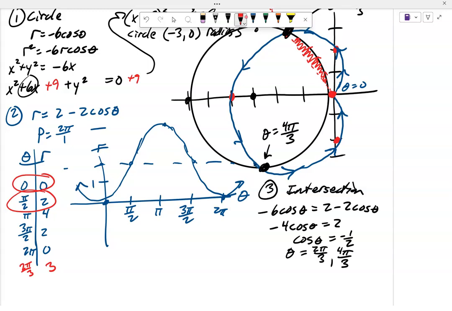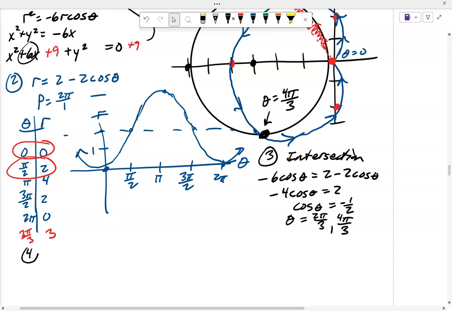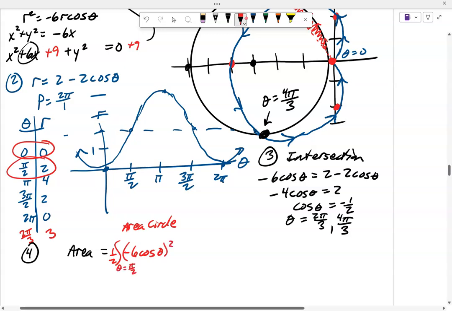I'm going to set that up first. So this is the area of the circle, 1/2 r squared, which is negative 6 cosine theta squared. I'm going from theta being pi halves to 2 pi thirds.